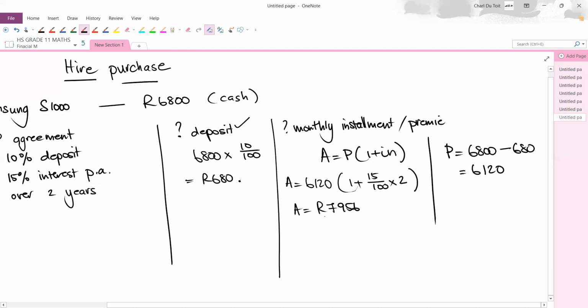So I'm paying 680 on the day in the shop, and in a span of 2 years, I'm going to be paying another 7,956 Rand. So what is this monthly? Well, 7,956 divided by the 24 months gives me 331 Rand and 50 cents.